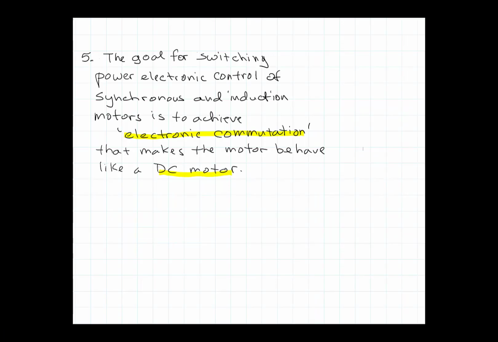This takes us to the final and first principle of motor controls. The goal of switching power electronic control of the synchronous induction motor is to achieve electronic commutation, and it makes the motor behave more like a DC motor.